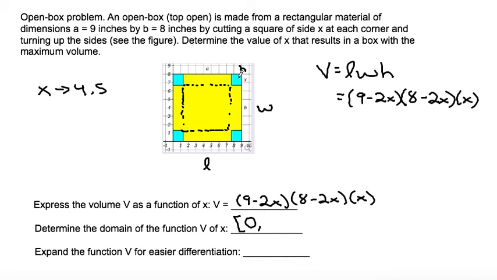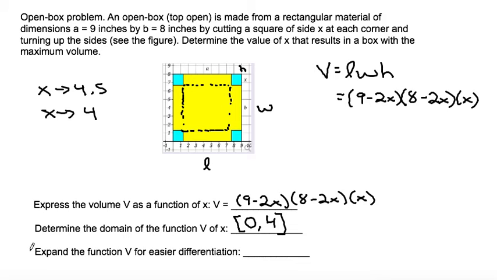So if this X were 4 and this X were 4, that would take up the whole side here. So on the B side, X can't be any larger than 4. So we take the smaller of the two values, and X can't be any bigger than 4, or that makes a 0 volume, because then we would have cut the entire side out. Okay, that gave us the domain of our function.